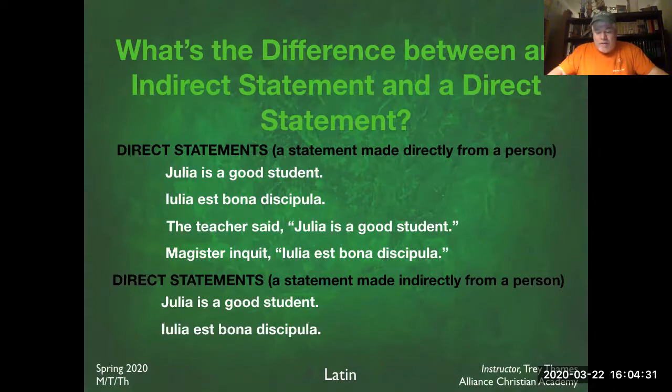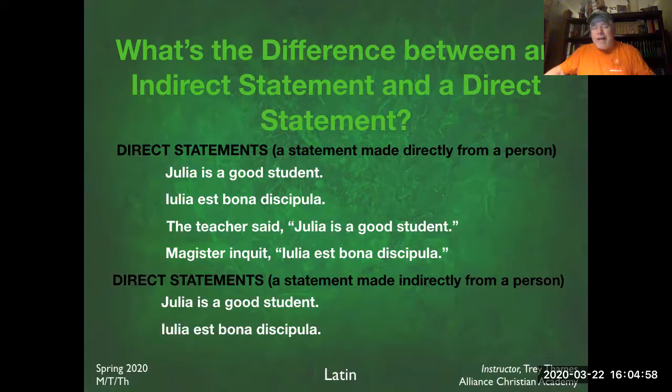The teacher says Julia, right? Julia is a good student. Now notice you have the infinitive. If you were to translate this literally, it says, the teacher says Julia to be a good student. Well, that doesn't make any sense. So in English, you take the infinitive and you translate it like it's in the present or perfect or future tense, depending on which form of the infinitive you have.